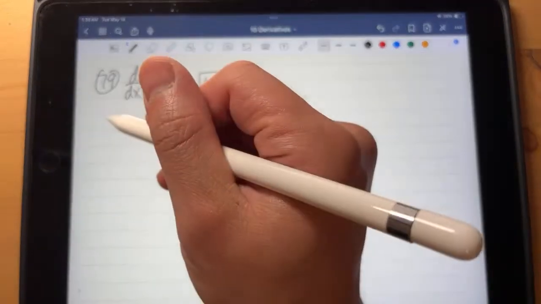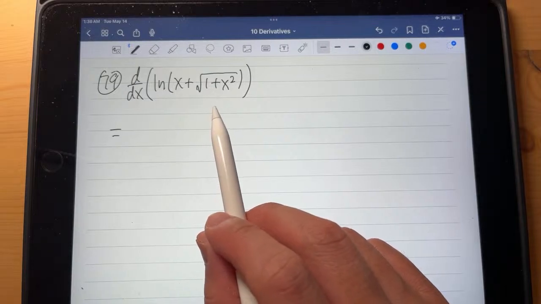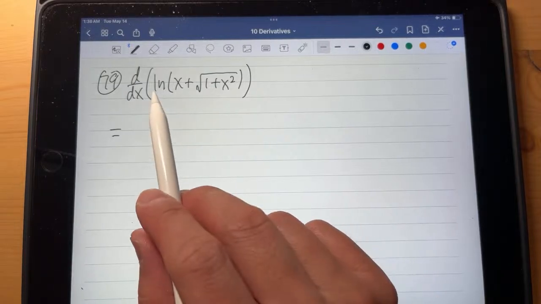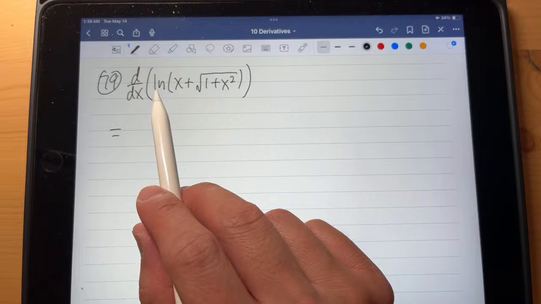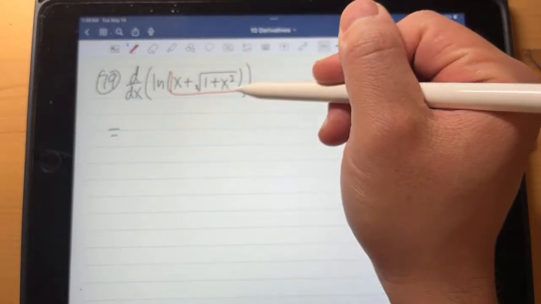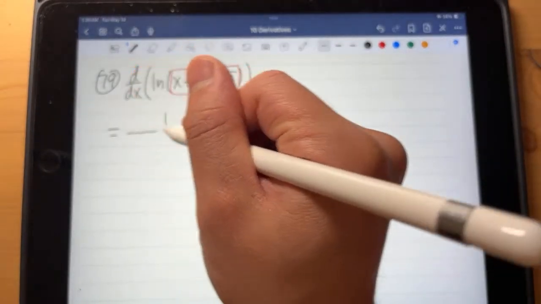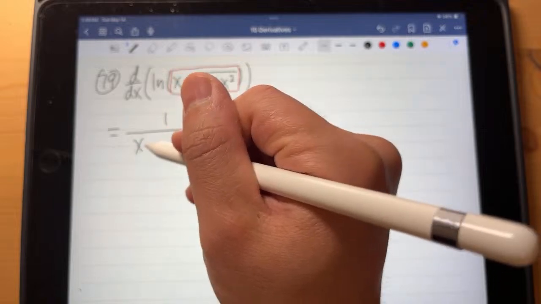Alright, anyway though, here we go. One of the classic calculus 1 derivative questions. You definitely have to know this. Let's just cut to the chase. The derivative of ln of a box, yeah, it's 1 over whatever the box is.